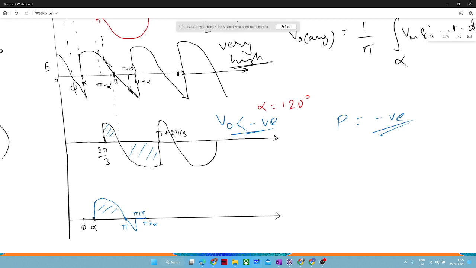From pi plus gamma to pi plus alpha, conduction will not take place and it will be in discontinuous conduction mode. And again at alpha, it will catch up and follow the same kind of waveform.